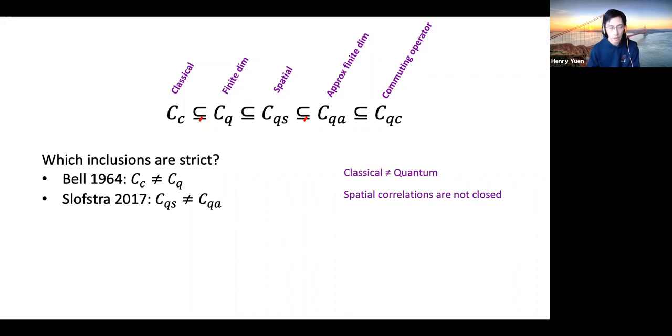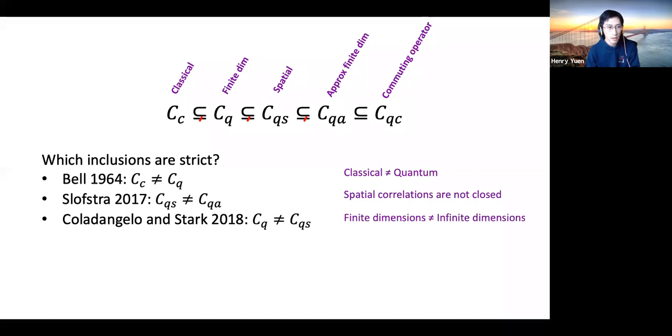Just as a reminder, spatial correlations are correlations in this tensor product framework where the Hilbert spaces can be infinite dimensional, but it's not closed, so it's not contained in this closure CQA. And then, the year after, Coladangelo and Stark showed that there's a separation between the finite dimensional and the infinite dimensional correlations in the tensor product model.